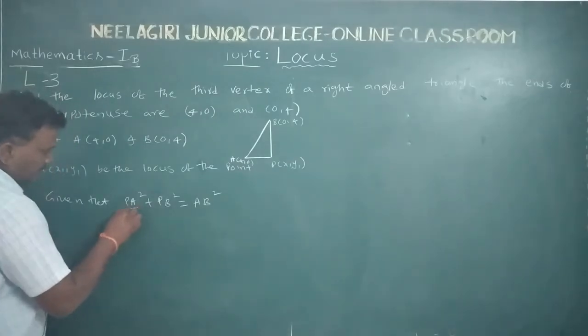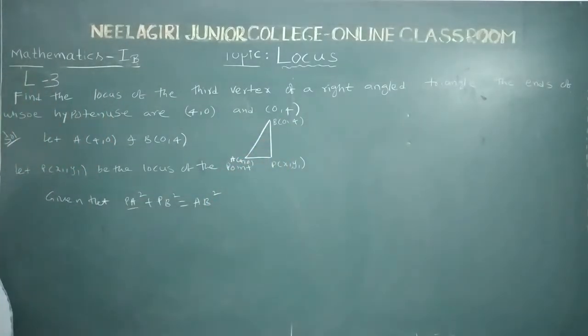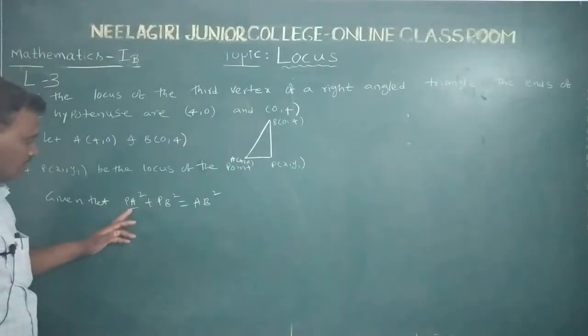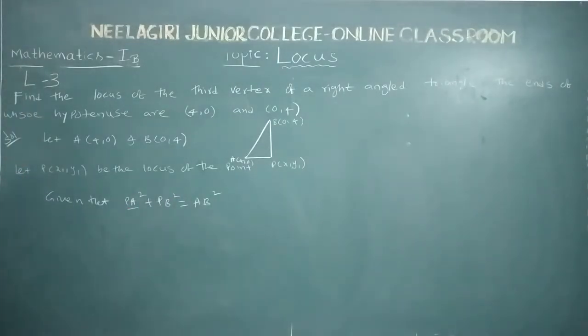What are the sides PA and PB? In the right angle triangle, side square plus side square is equal to hypotenuse square. What is PA square?